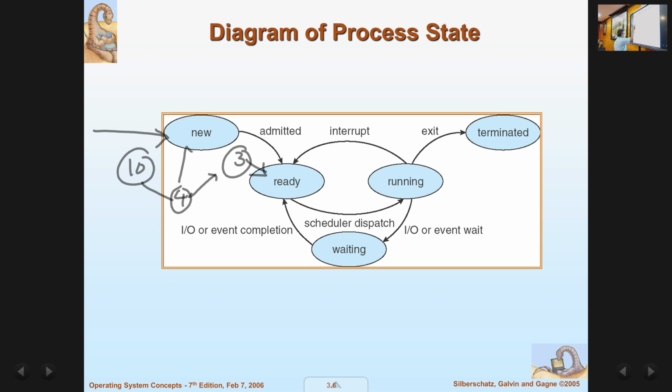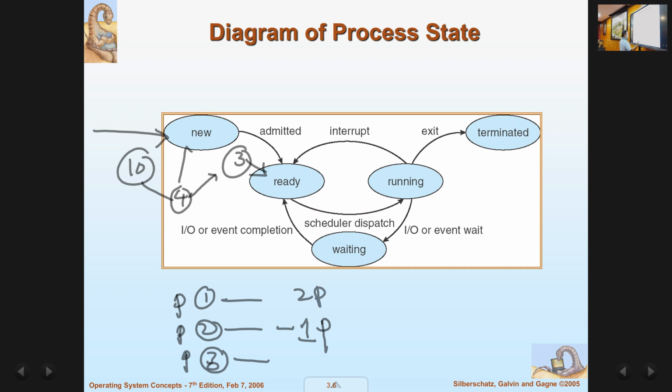Out of these 3 processes, process number 1, process number 2 and process number 3, the priority of process number 1 is 1, the priority of process number 2 is 2, and the priority of process number 3 is 3.